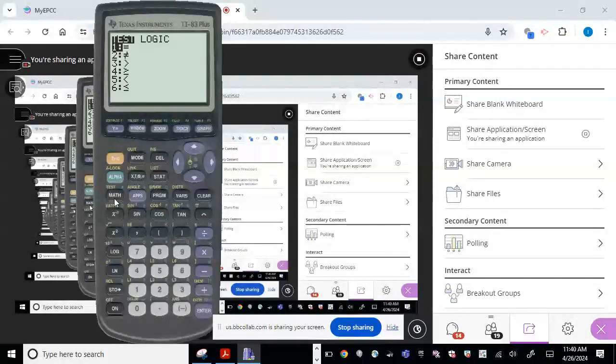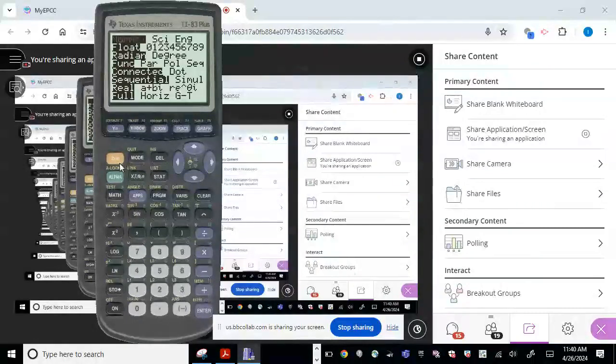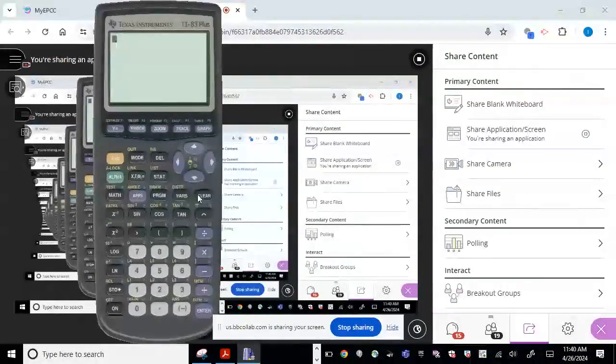Since we're in this, I guess I can also show you how to use it if you wanted to solve the system. So if you wanted to solve a system, let's say you had like 2x plus y equals 8 and 3x minus 4y equals 10. So you have a system, you can press second matrix.